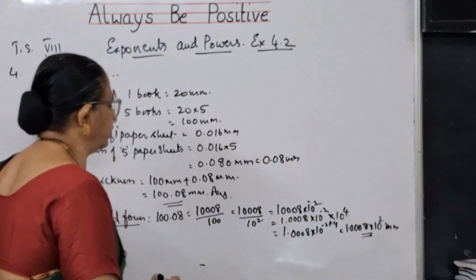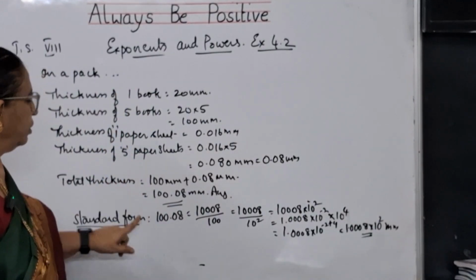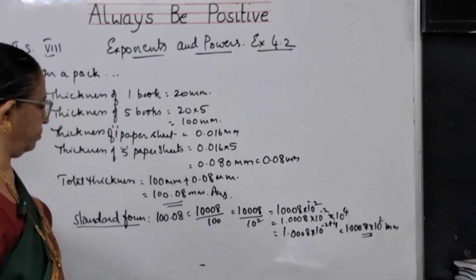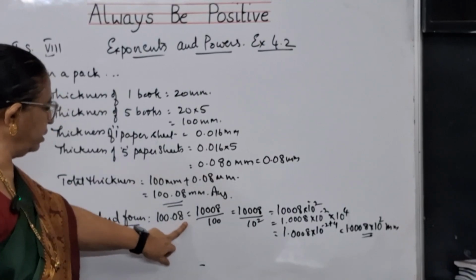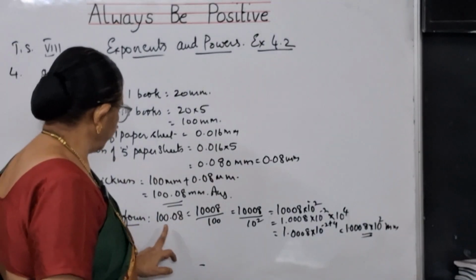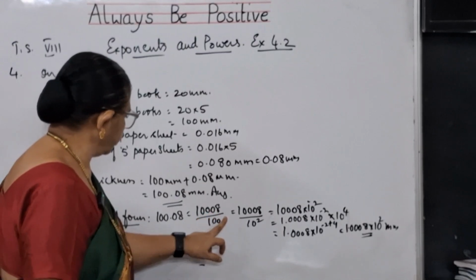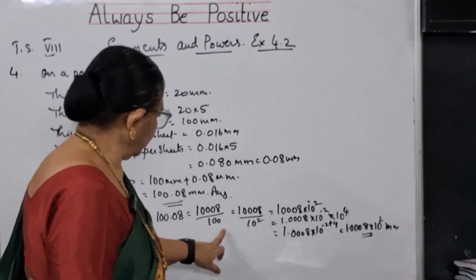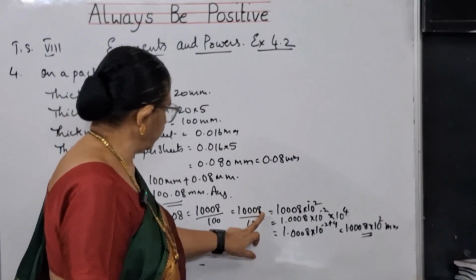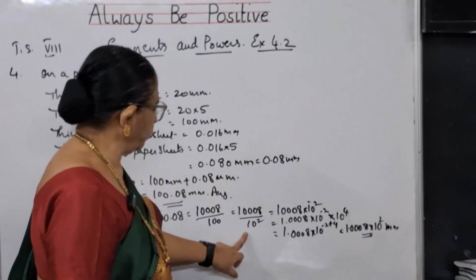So you have converted this into standard form. Okay, I hope I am clear. 100.08 can be written as after 1, 3 zeros and 8 by, after decimal 2 digits are there, I kept 2 digits. So that means 10008 by 10 square you will be getting.